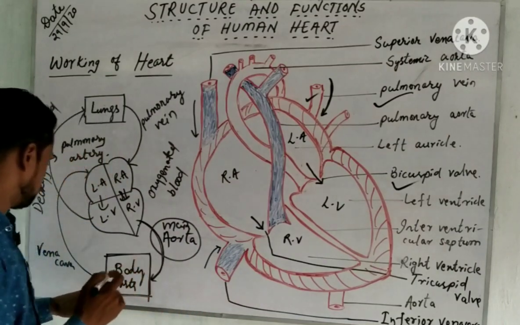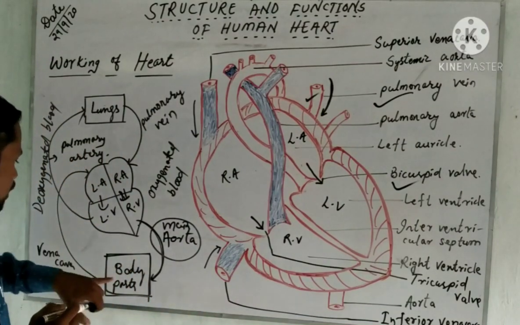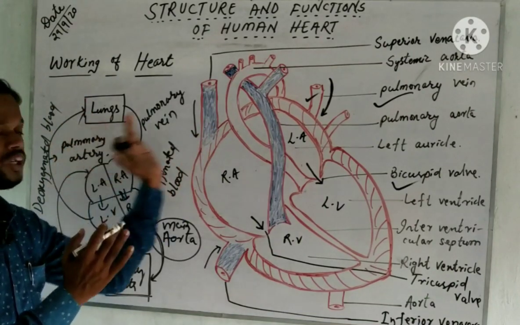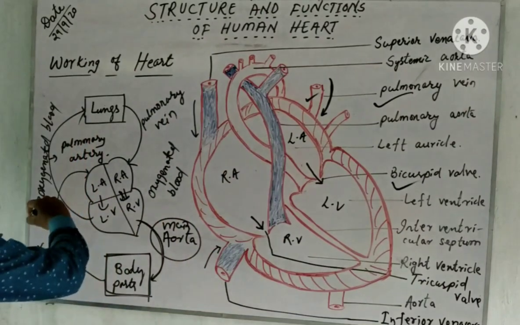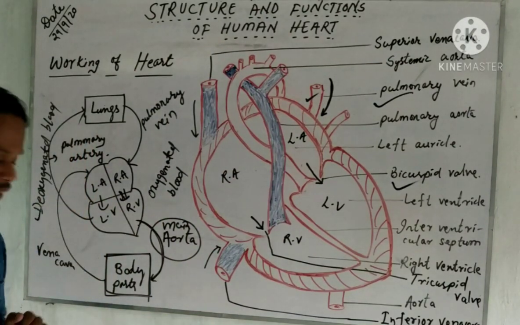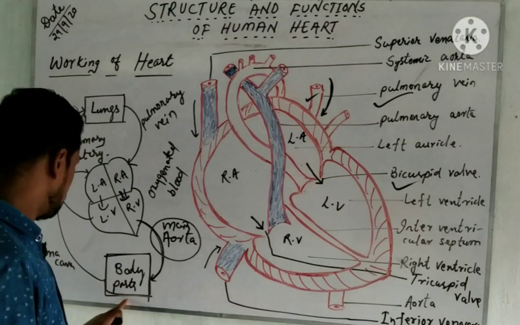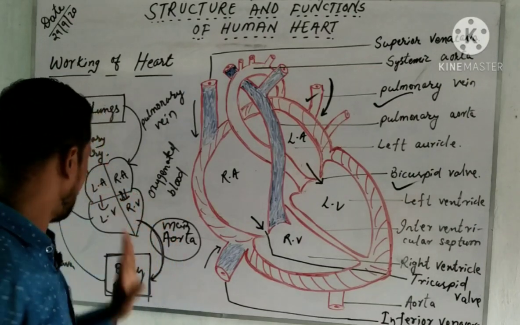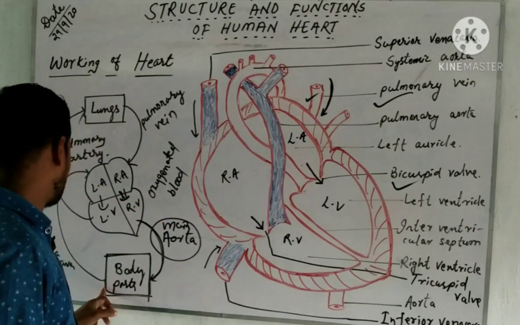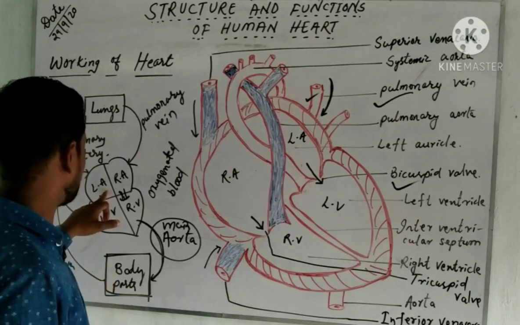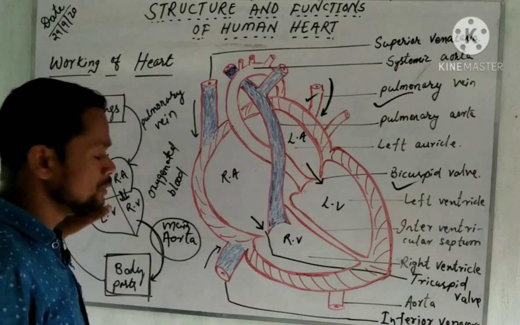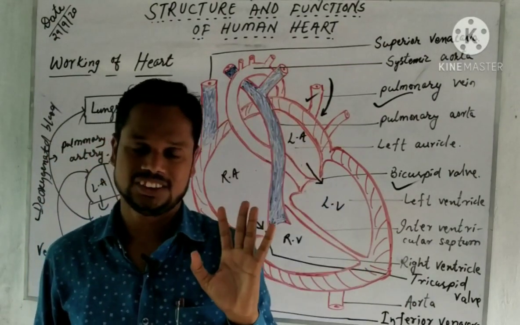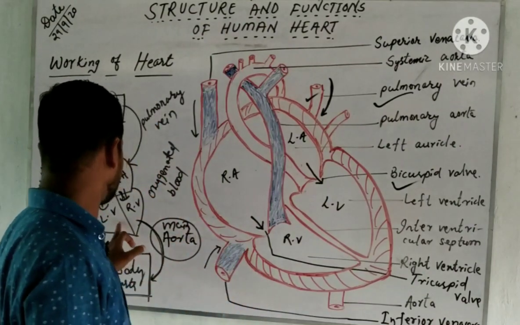This part has oxygenated blood, and this part has deoxygenated blood moving. When blood comes out from the body parts, it will be totally deoxygenated, and it will be supplied to the heart once again, for pumping to the lungs. Why does deoxygenated blood go once again to the heart?